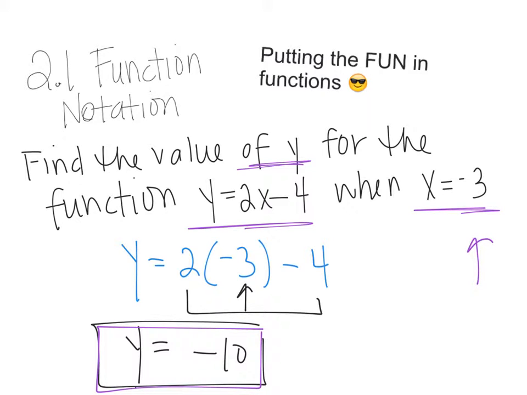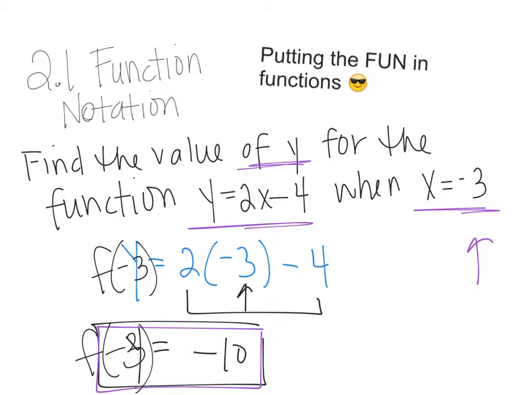If we would have written this in function form from the beginning, f of negative 3, right here we would see plain and simple that when x was negative 3, y was negative 10. So it's just a cleaner, faster way to work with functions to be able to see who the y value is with the paired x value. That's really why we learn this more advanced notation.